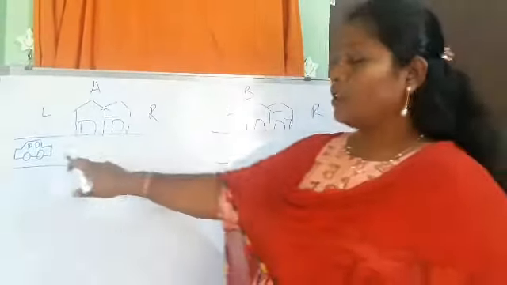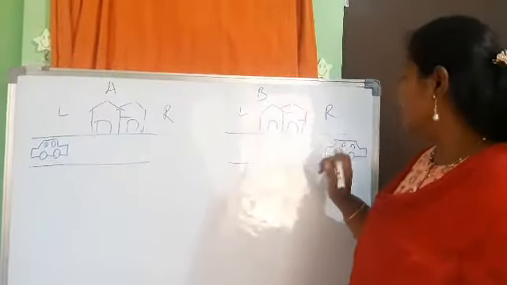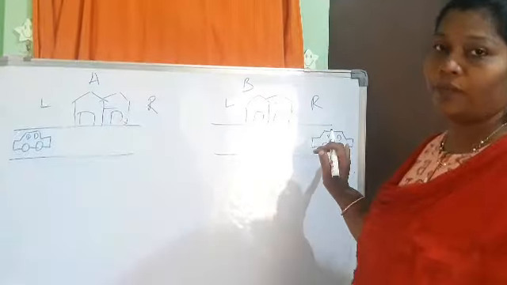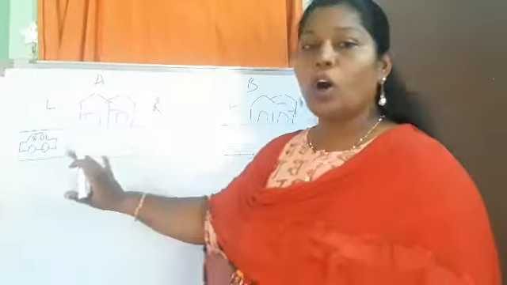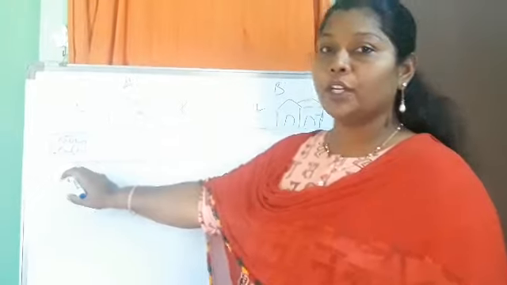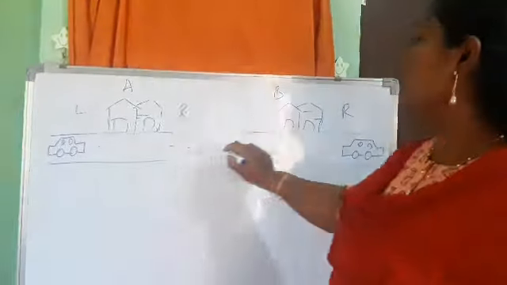Yes? Okay. And here in picture B, you can see the car is now on the right side of the house. So, what do you observe here? The car is moving from here to here. Yes? It has traveled all this way.